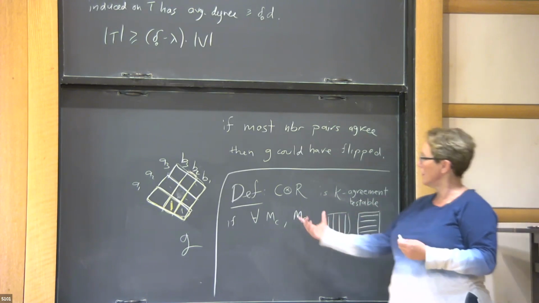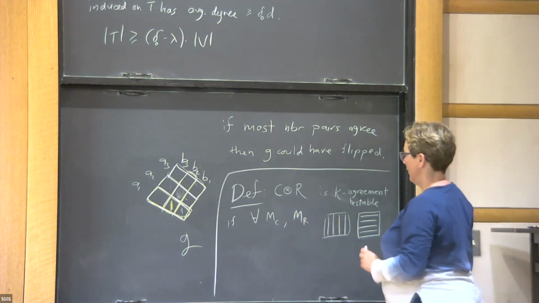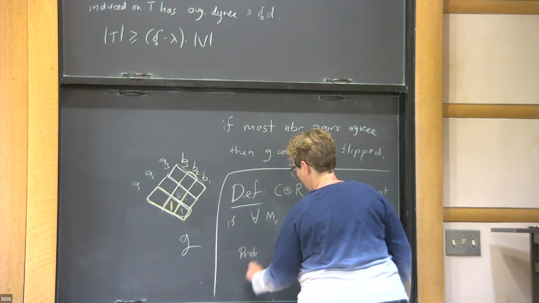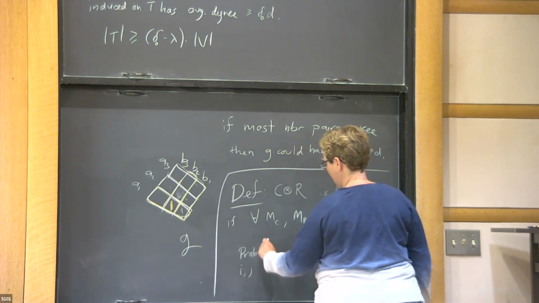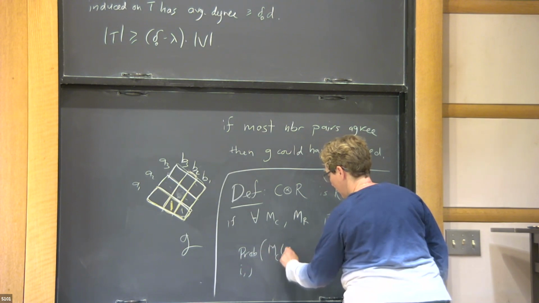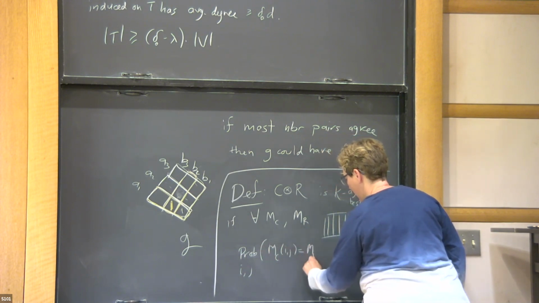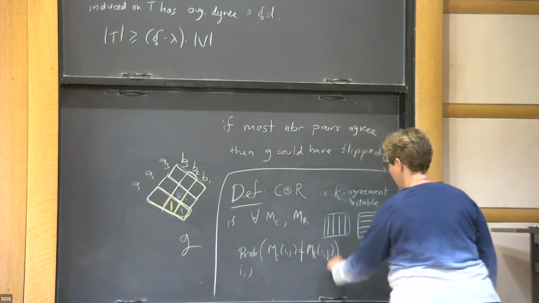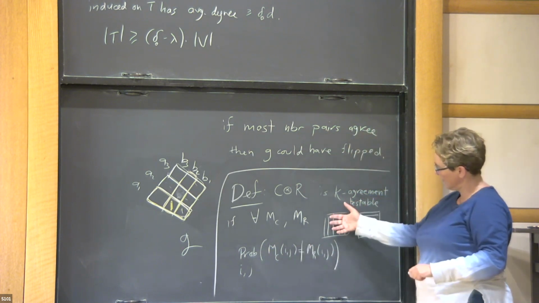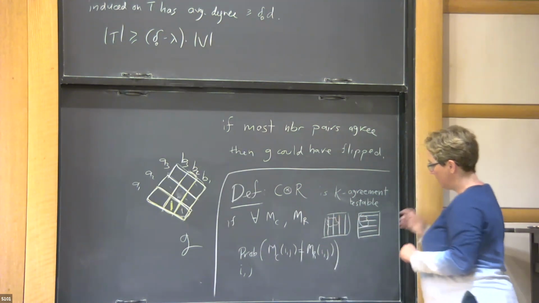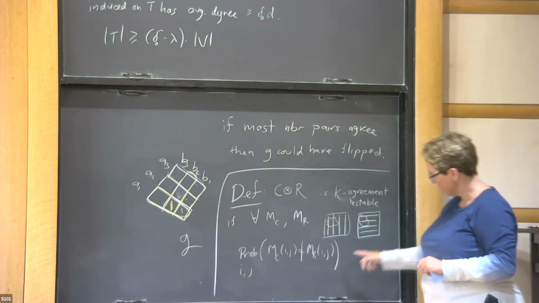So you give me two matrices and I say that the probability for choosing a random index I and a random index J that MC_IJ equals MR_IJ. And so I look at these matrices and I look at the set of indices where they disagree. Okay, that's exactly this.